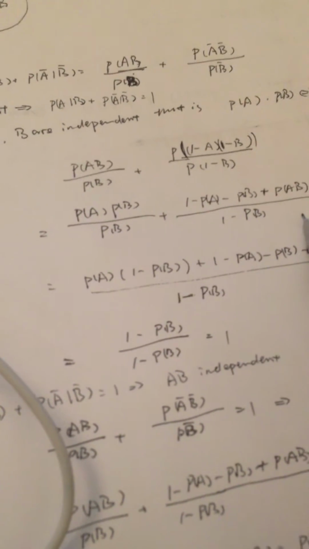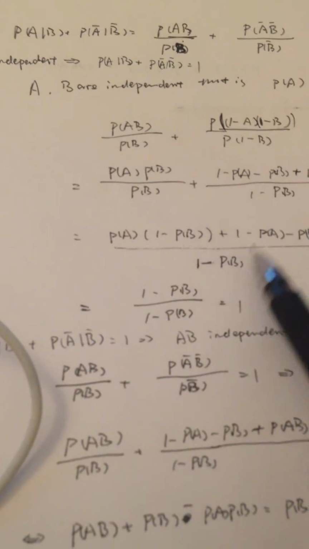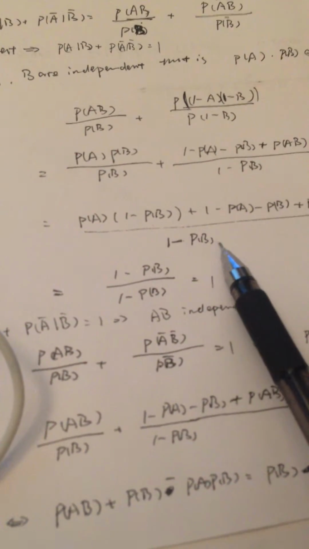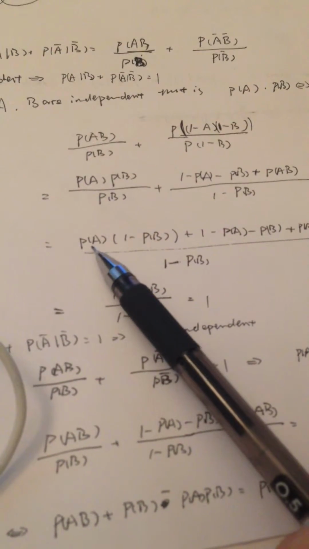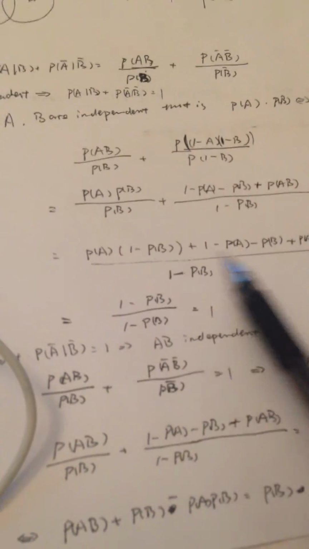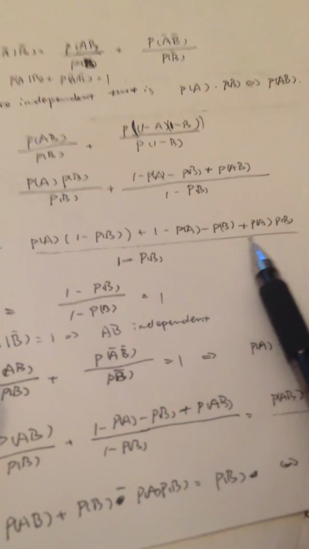We write it as the same fraction where the denominator is 1 minus the probability of B, and the numerator goes to the probability of A. It's all calculation, and I'm not sure I did this part quite right.